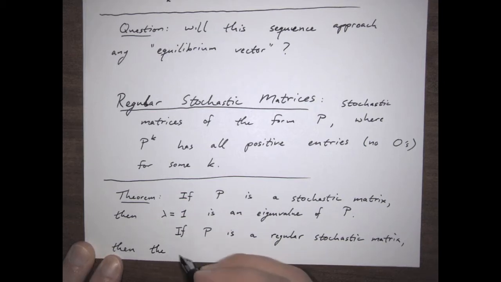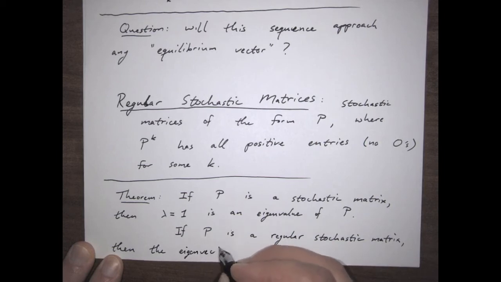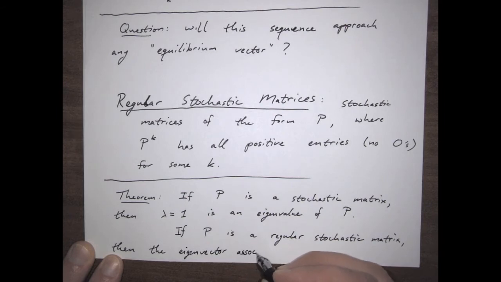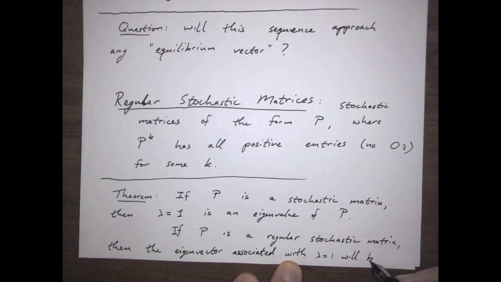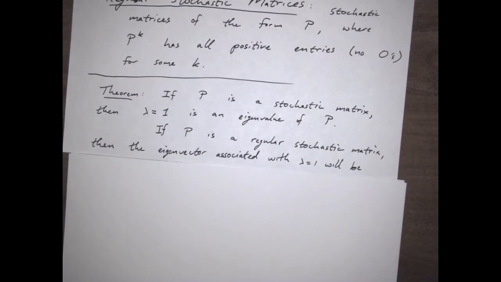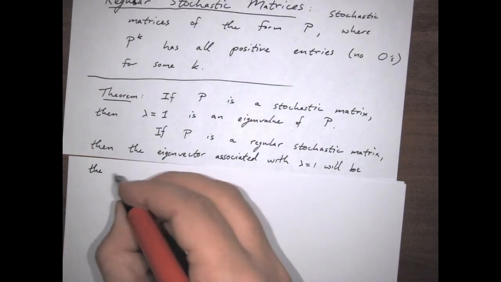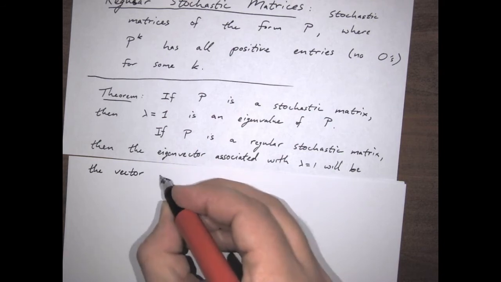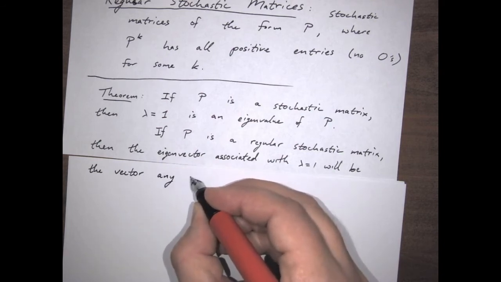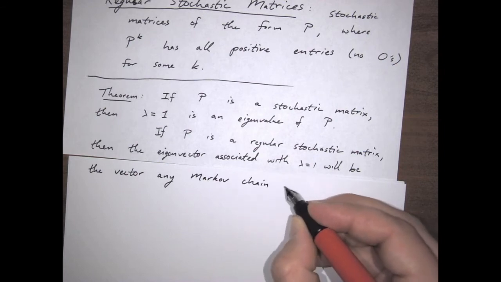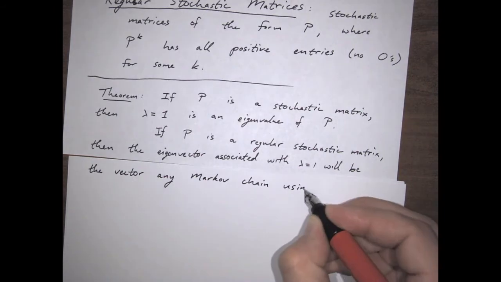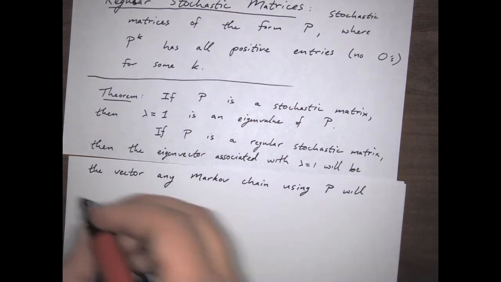Then the eigenvector associated with lambda equals 1 will be the vector any Markov chain using P will approach.